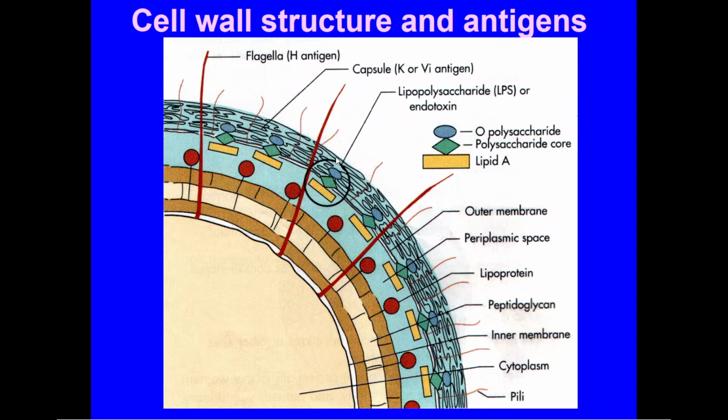All gram-negative Enterobacteriaceae have lipopolysaccharide with lipid A, and all toxic properties of the gram-negative cell wall structure are attributed to lipid A, okay?